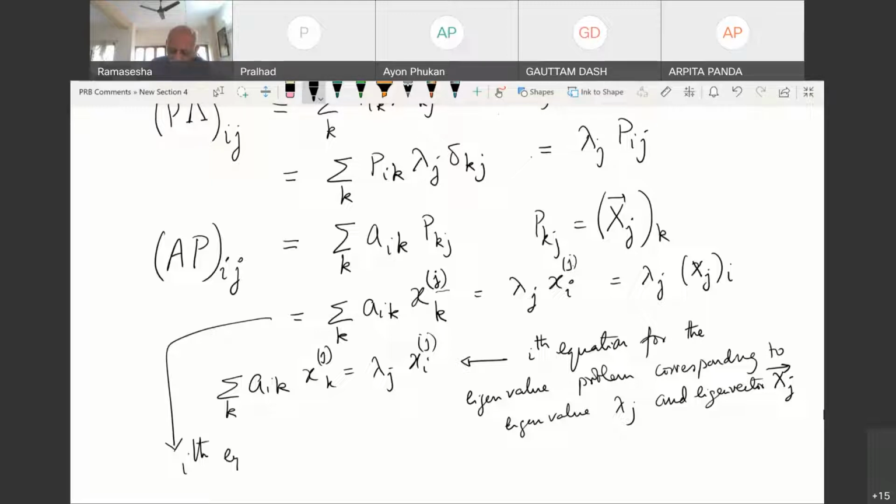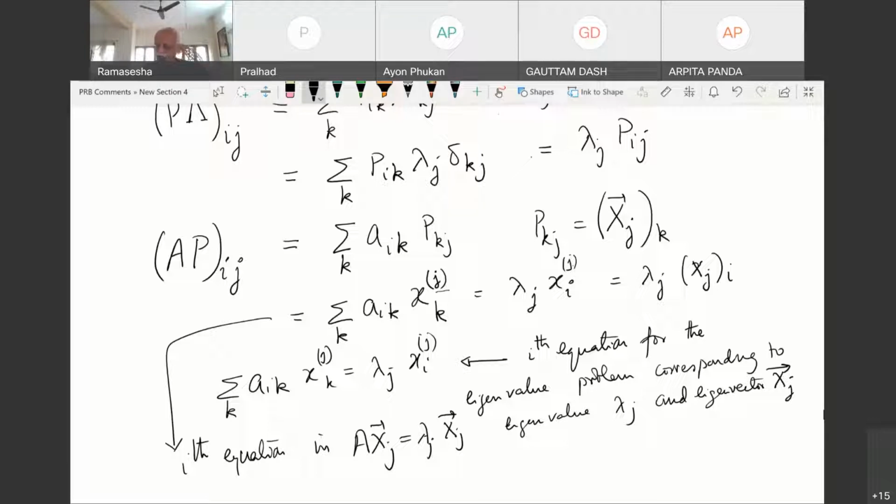So this is the ith equation in A xj is equal to lambda j xj. Okay, because if I write down the equation, right side I get the ith component, which is lambda j xi corresponding to the eigenvector j. Okay, because I have eigenvector j, and the ith component is what I'm going to write, and lambda j is the eigenvalue.